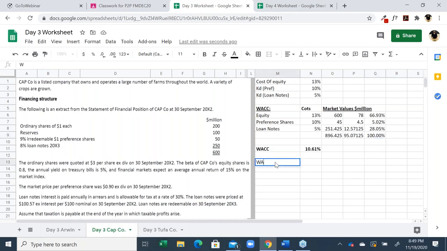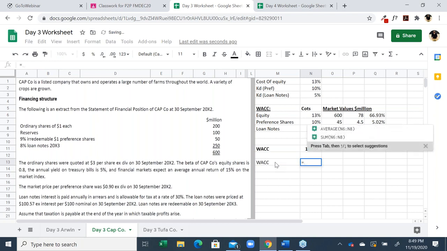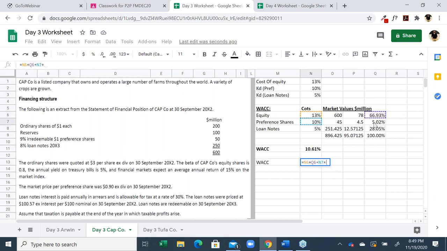So if we need to find out WACC using the proportions or the weightages, then what we can do is pick 13%, which is the cost of equity, and multiply it with the proportion of the equity, 66.93%, plus 10% multiplied by 5.02% plus 5% multiplied by the ratio of loan notes. And if I add these figures, I'll get approximately the same value as the above value, 10.61.